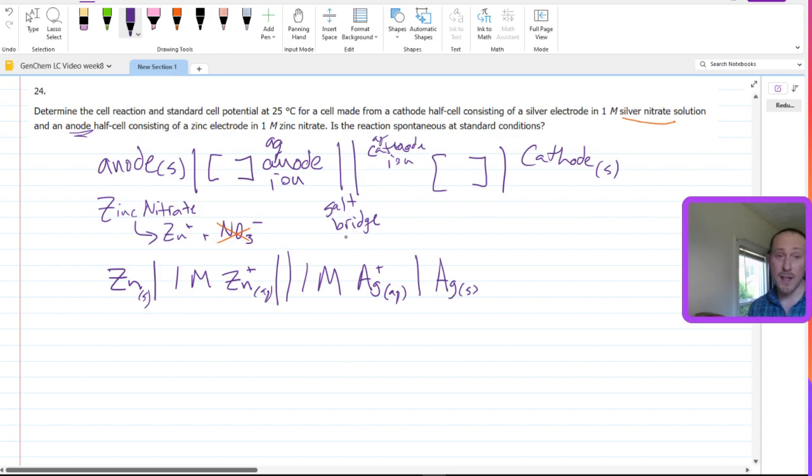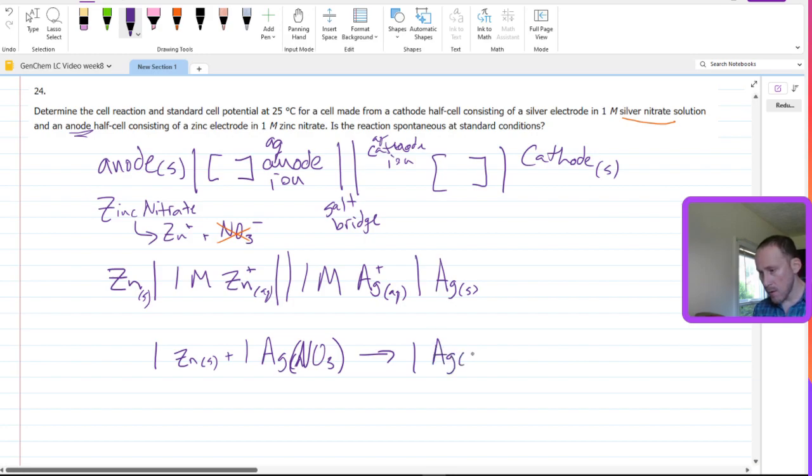In this case, if we did have to, it's real easy because it's 1 zinc, on the product side, plus 1 silver nitrate, leads to 1 silver and 1 zinc nitrate. Okay. Took me a sec to make sure I was doing that right.